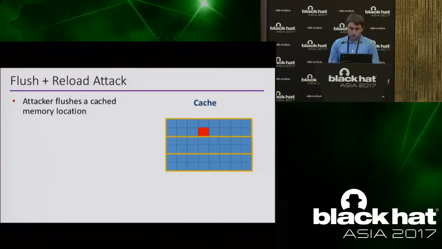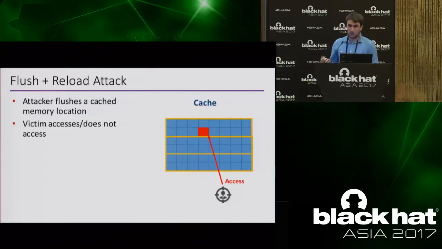If you meet these 2 requirements, you can attack in the following way. Let's say you have a memory block that you share with a victim and you want to know how it's being utilized. First, the attacker flushes that memory block from the cache, using the flush instruction from the instruction set architecture. Then he waits for some cycles to see whether the victim makes an access.